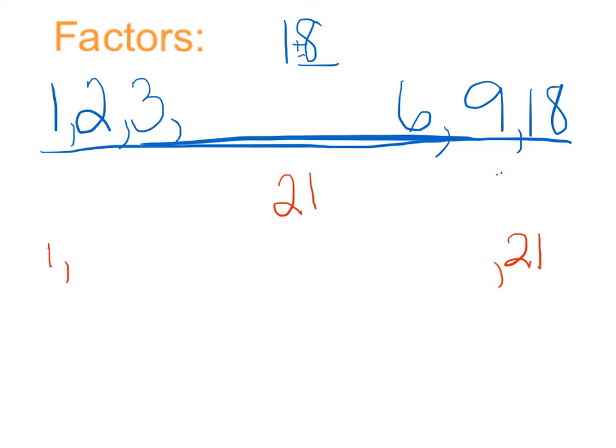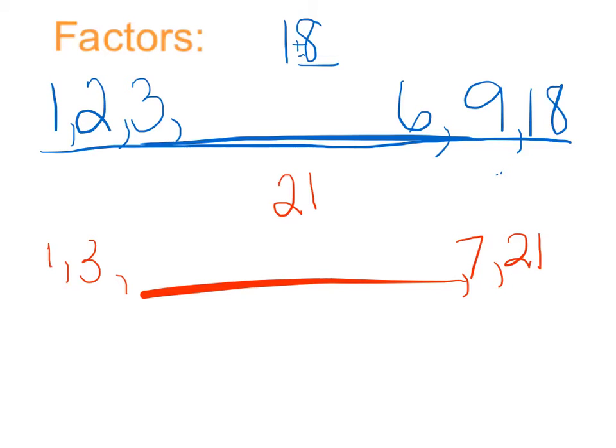I'm going to use my divisibility rules again. 2 is not a factor of this, it is an odd number. 3: 2 plus 1 is 3, that means it is divisible by 3. So 3, 7. It is not divisible by 4, it is not divisible by 5, it is not divisible by 6, and that puts me all the way up to 7, so I'm done. My factors are 1, 3, 7, 21.